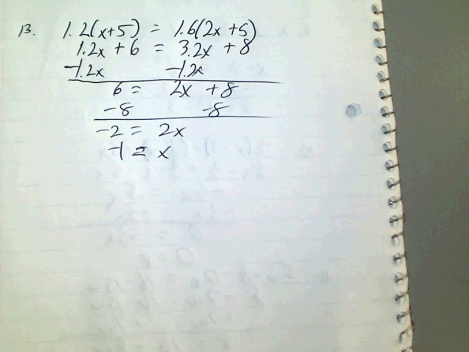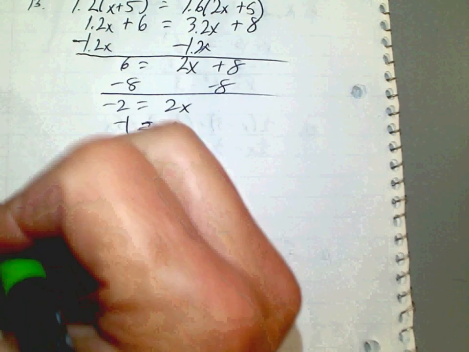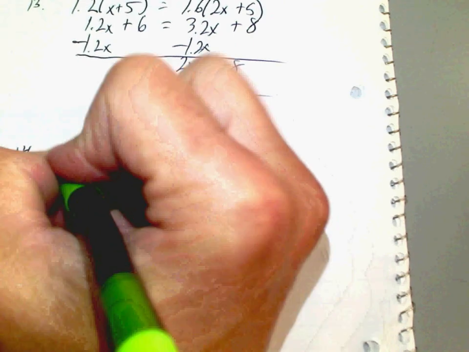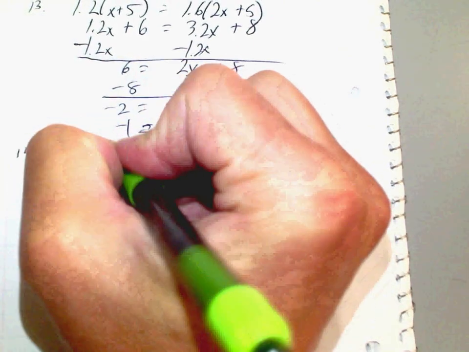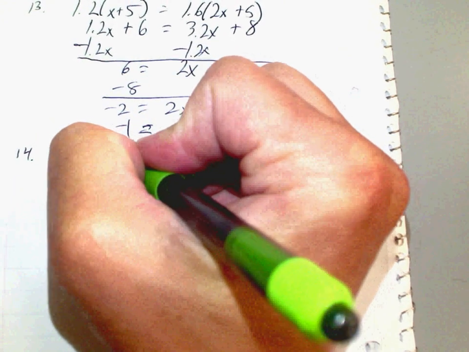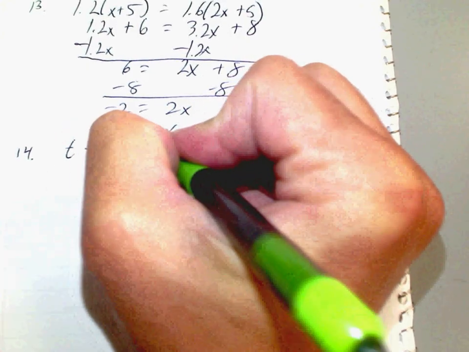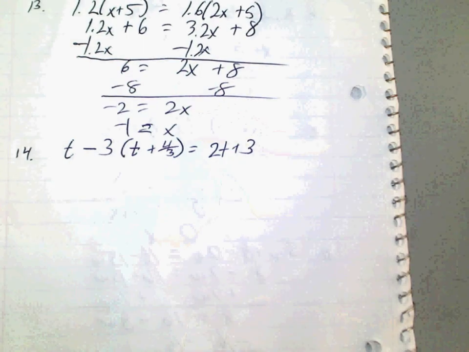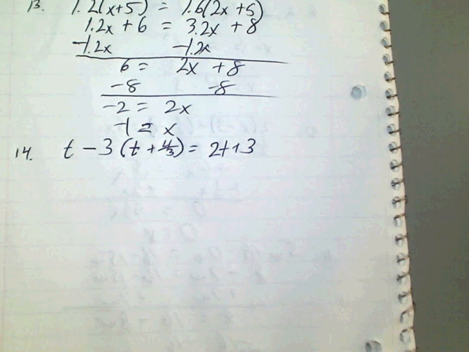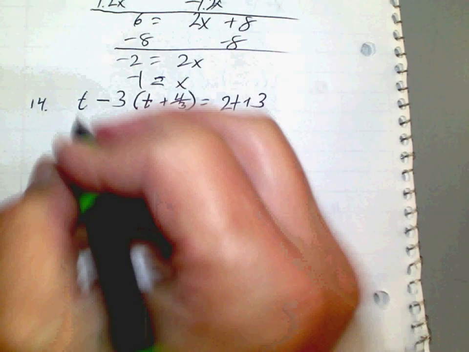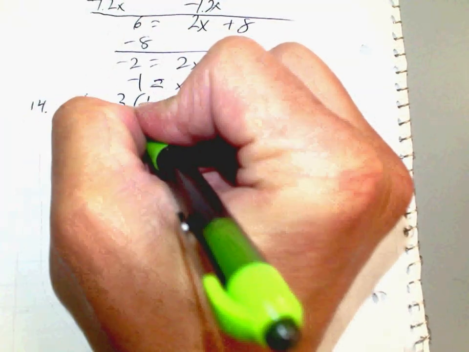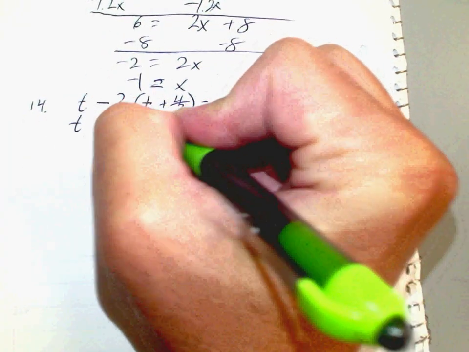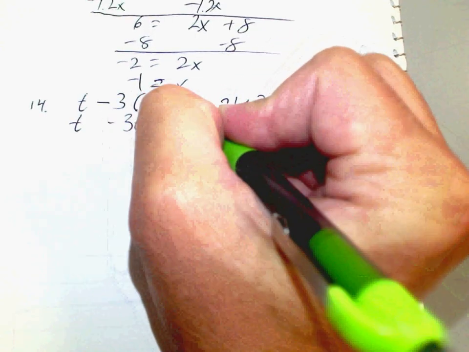Okay, 14, we're almost done. T minus 3 times the parentheses t plus 4/3 equals 2t plus 3. Let's distribute: t minus 3t plus, minus 4 equals 2t plus 3.